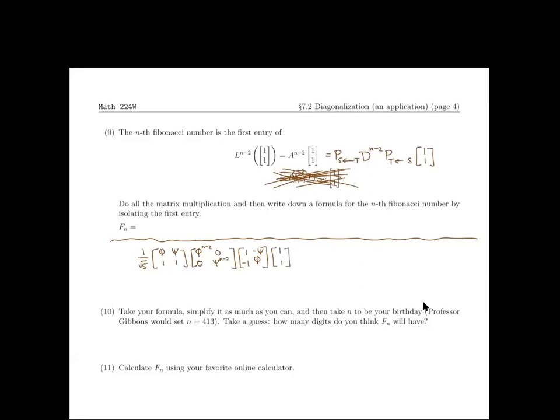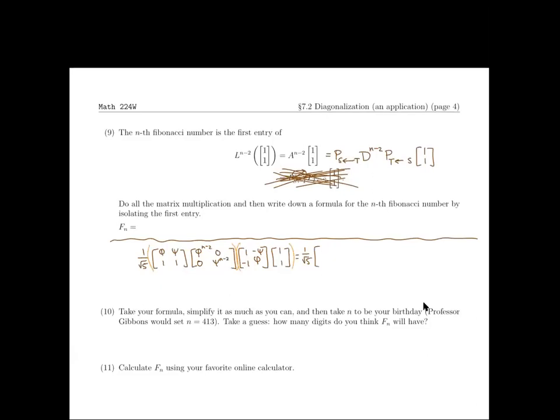Oof, okay. So it's kind of a lot, but that's all right. We'll get through it. So let's multiply 1, 1 by the first matrix. So then we're going to get 1 over root 5 times phi, 1, c, 1. I guess actually, since matrix multiplication is associative, let me put some parentheses on here and let's work these out in tandem. So let's see, if we do the first set of parentheses, oh, that works out quite nicely.